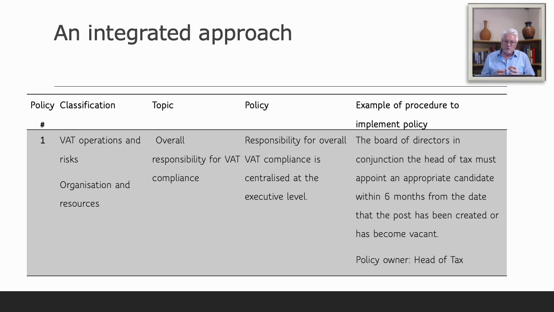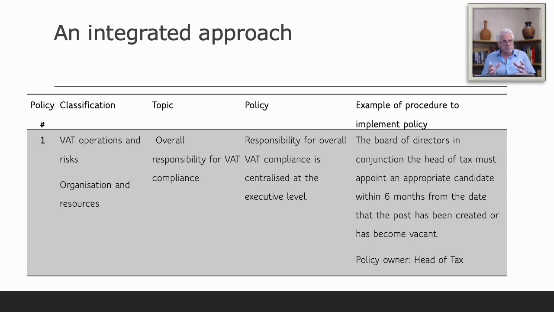But how do we put this into something which can be executed? The board of directors, so now we're pinpointing, in conjunction with the head of tax, must appoint an appropriate candidate within 6 months from the time that the position has become vacant. So that's a position in an organization that is so critical that it can't remain vacant.